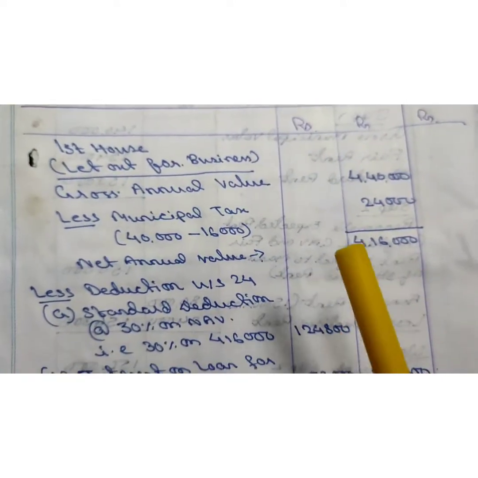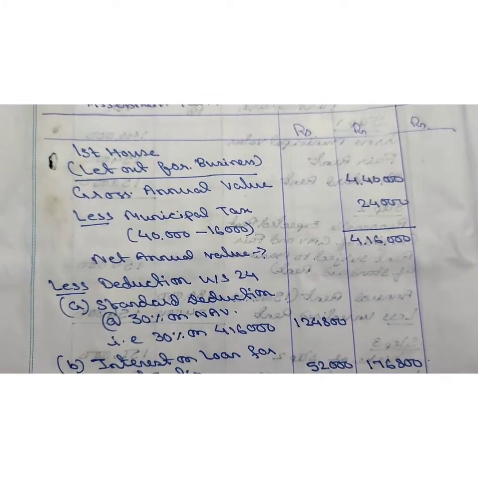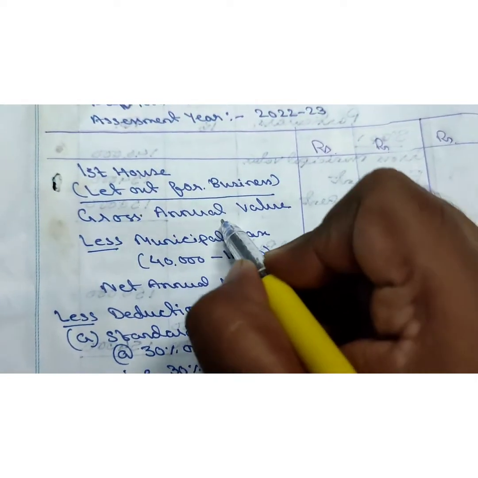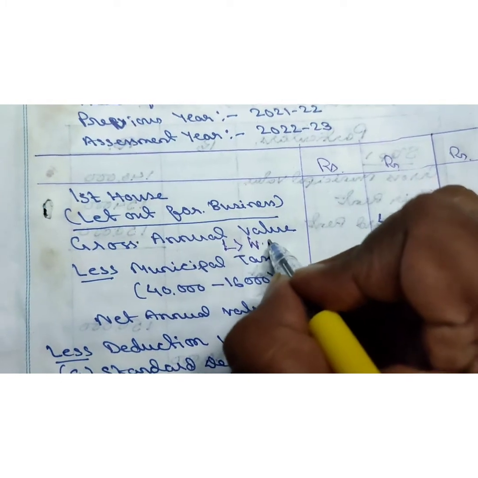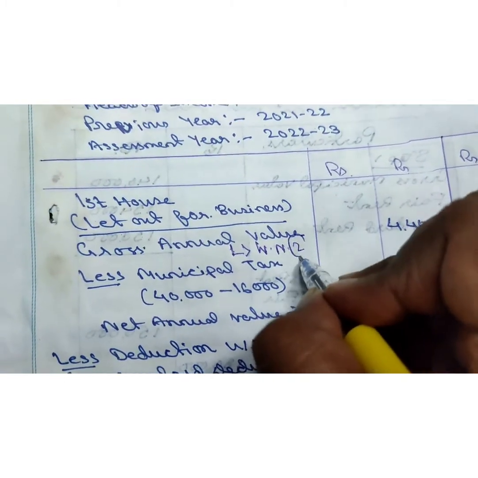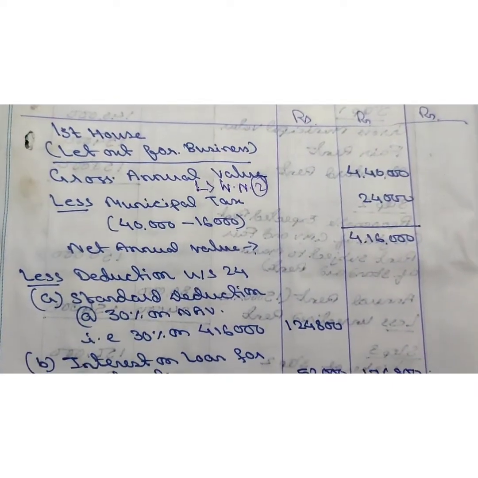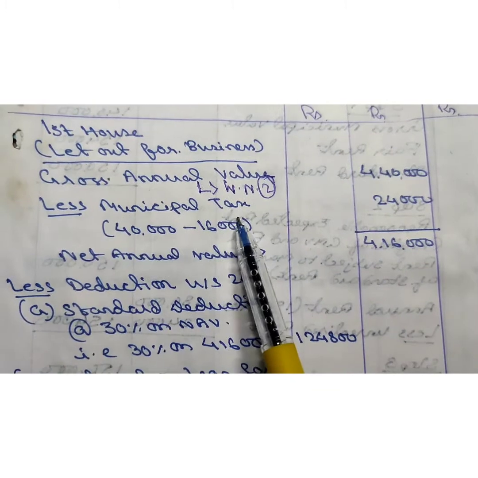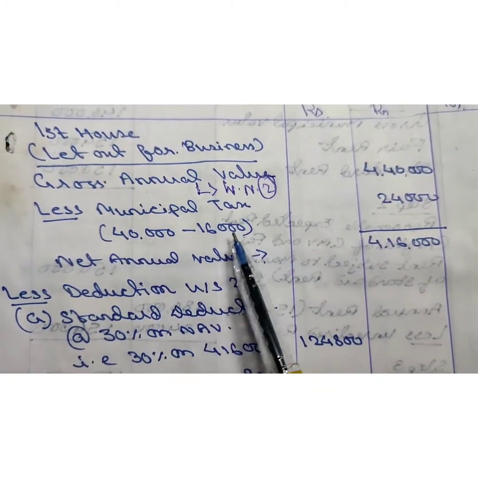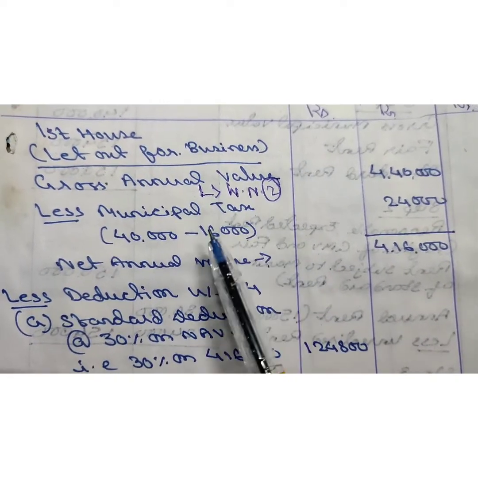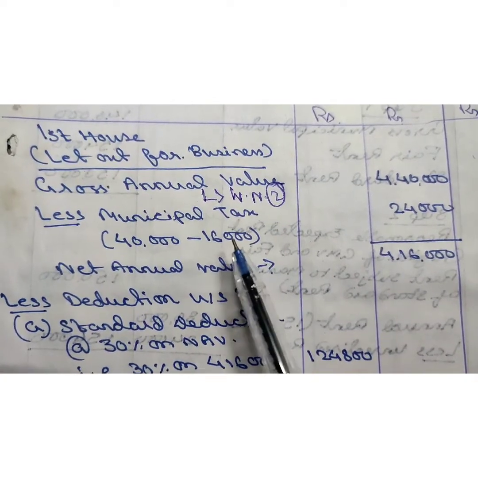Now, in the main answer part, we take this gross annual value and we can give a note here as working note no. 2, so the examiner can easily find out where the workings are. Less municipal tax. Now, municipal tax is total 40,000, out of which 16,000 is paid by the tenant. We know any municipal tax paid by the tenant is not deductible.